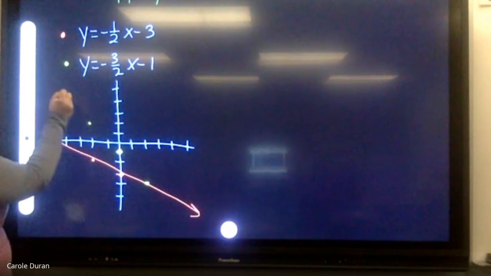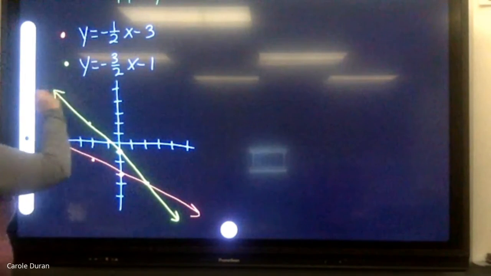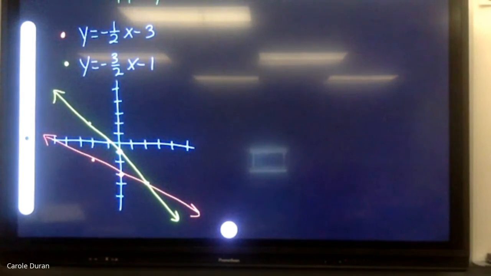Either way it would have worked. We draw our line. And then I'm done, right? No. It asked me to solve this system using a graph, which means I'm looking for the intersection point.